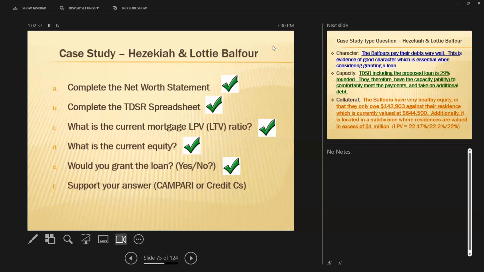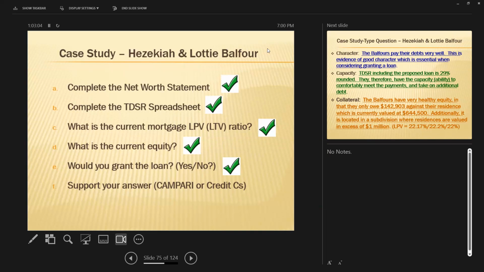If y'all want to give them another loan to go on vacation, go ahead. Make sure to fill up your quota, you know. So they have the capacity or the ability to comfortably meet the payments, because their TDSR is 29%, versus the maximum of 45.